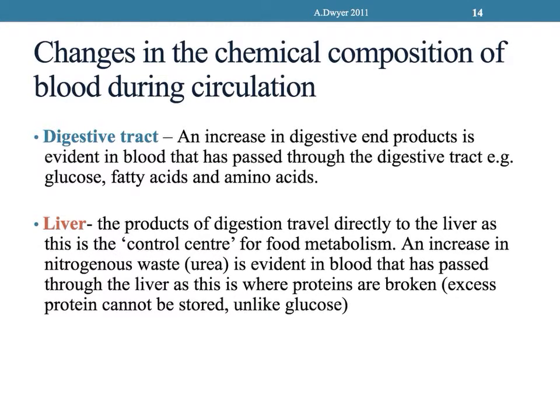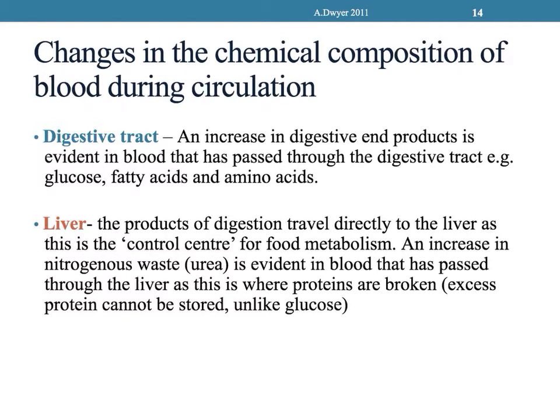The liver is where those products of digestion travel directly to. So from the digestive tract to the liver, you've got blood that's very high in glucose, fatty acids, and amino acids, and the liver controls that metabolism for food. You get an increase in nitrogenous waste, or urea, in blood that passes through the liver, because the liver is where proteins are broken down.